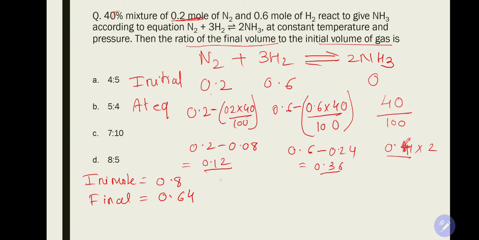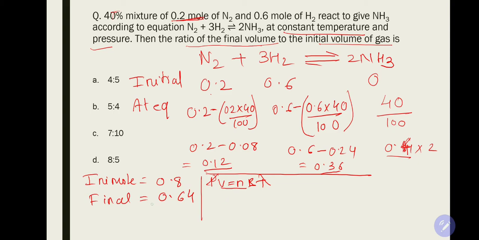Now they have asked you the volume, the ratio of final volume to the initial volume. Basically to find out the volume, we know one of the formulas, that is PV is equal to nRT. Now they have already given you constant pressure and temperature, so keep this as constant. R is also a constant, so we can see that V is directly proportional to n.